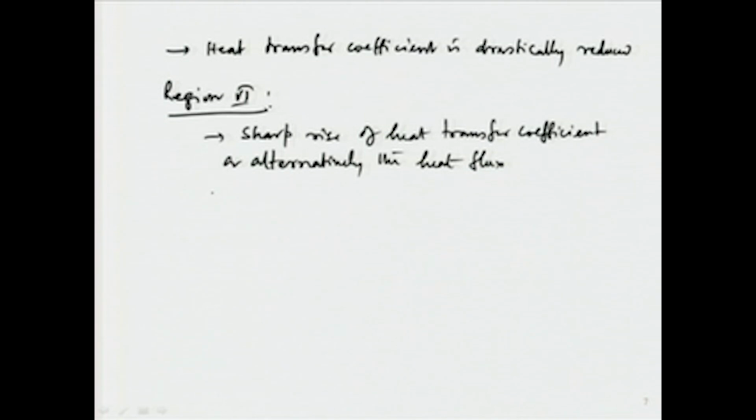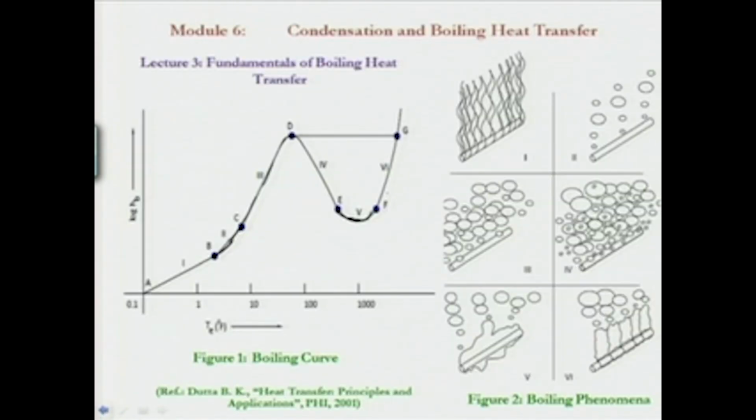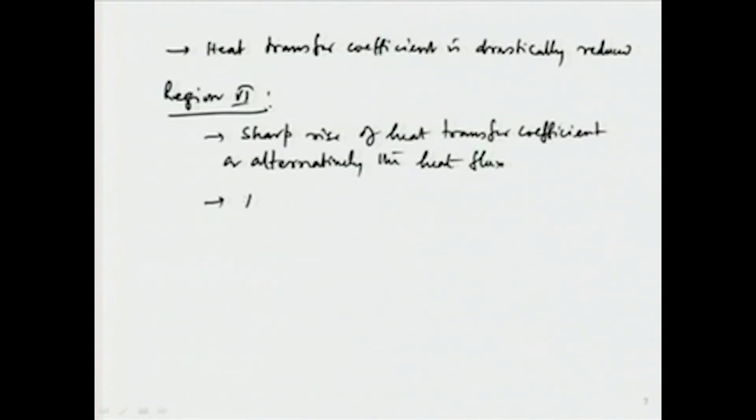Now, why is this happening? If we again go back to the boiling curve and see the temperature range, it is somewhere more than 100,000 degree Fahrenheit or so. So, it's a huge temperature. So, delta T is very high, and at that condition what we expect is radiation to come into the picture.